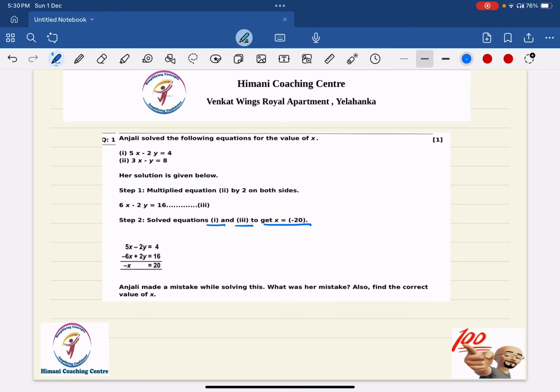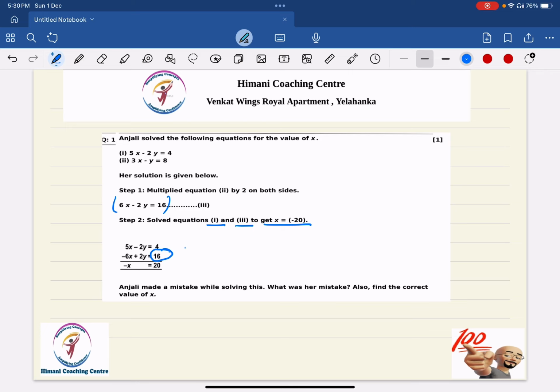Now, see, when she is solving, she is subtracting this equation from the first one. Okay, because 6x has become minus 6x, minus 2y has become plus 2y, and the mistake is here. She has not changed the sign of 16 to minus.